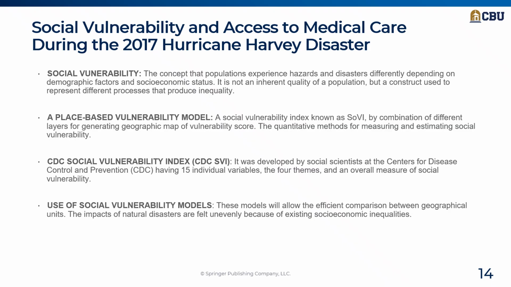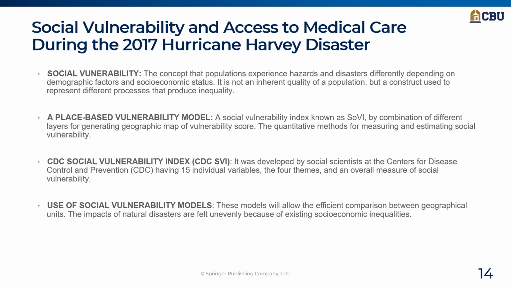But importantly, it's not an inherent trait of the community. Social vulnerability reflects deeper structural forces like racism, income inequality, and uneven economic development, as well as long-standing social and historical inequities.